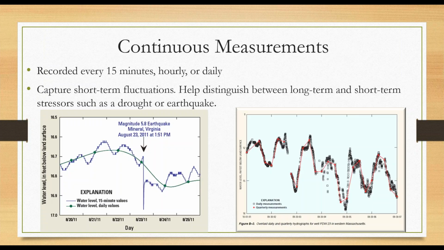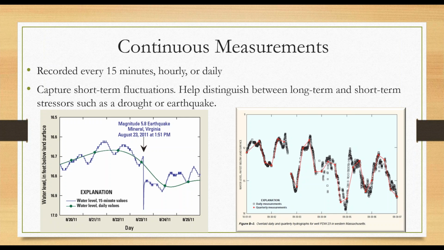There are also continuous measurements. By continuous measurements, we mean an instrument is installed in the well, a pressure transducer or a float and tape, and measurements are recorded regularly. For continuous measurements, we will often record measurements every 15 minutes, hourly or daily. In our earthquake wells, as a matter of fact, we actually do sub-second data.